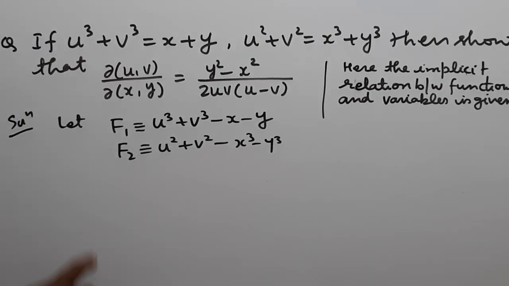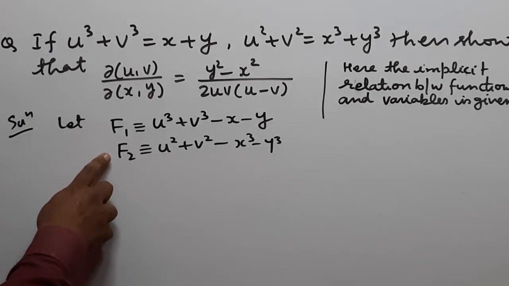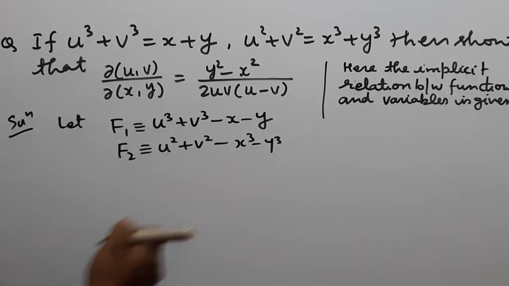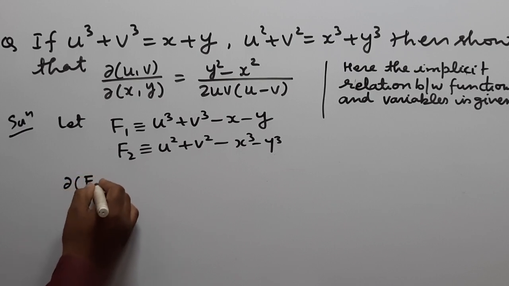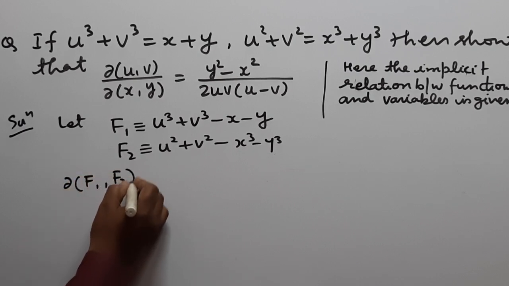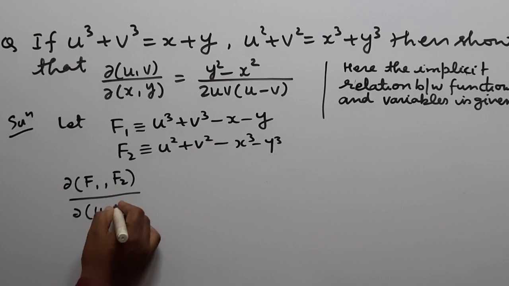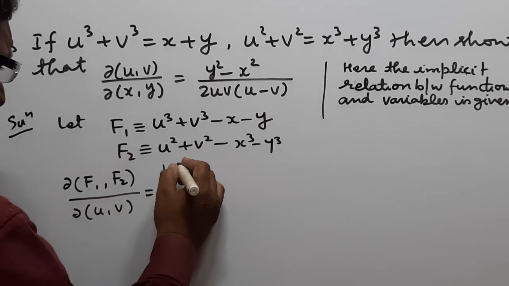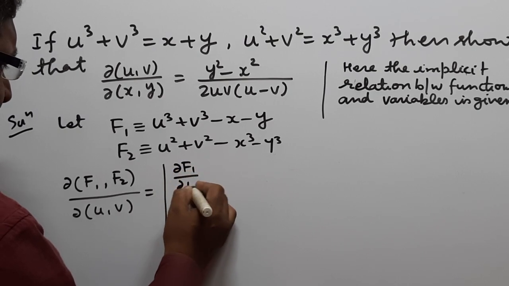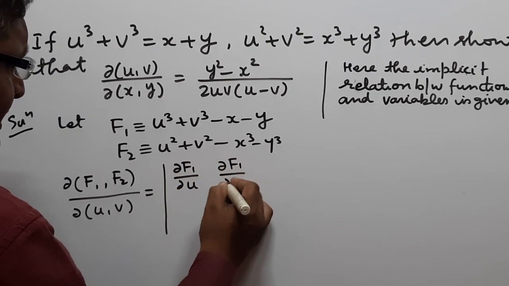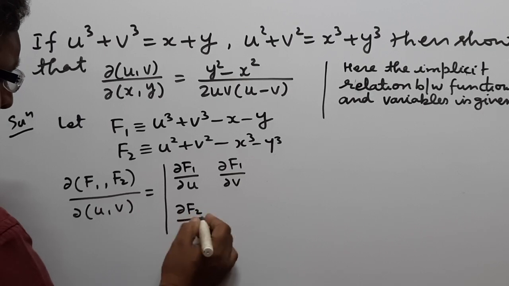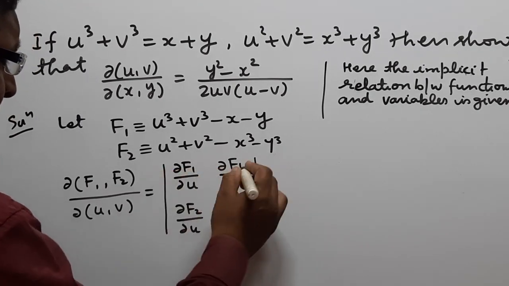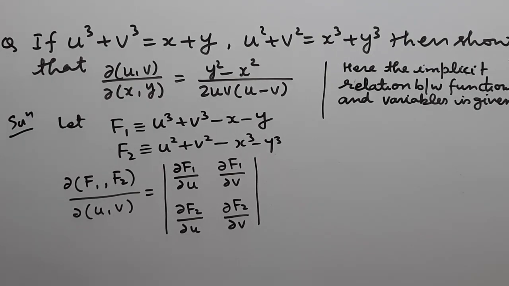Now we find the Jacobian of f1, f2 with respect to u and v. By the definition of Jacobian, it can be written as del f1 by del u, del f1 by del v, del f2 by del u, and del f2 by del v. This is a second order determinant.